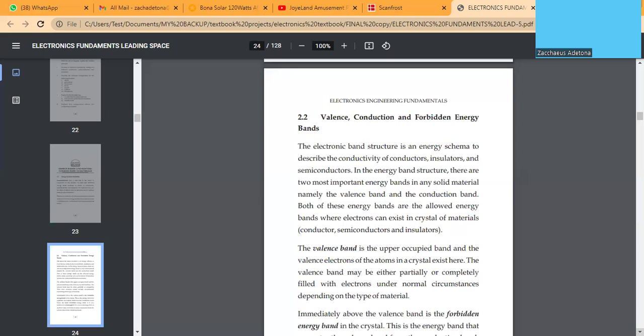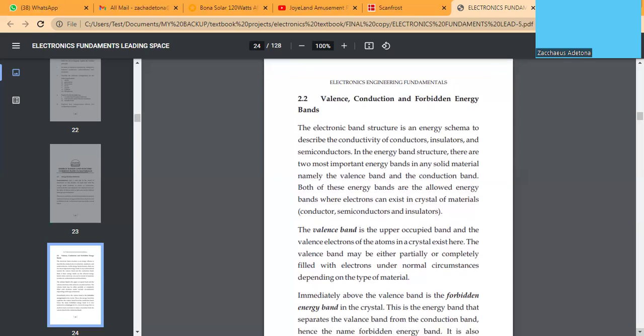The electronic band structure of energy is a schema used to describe the conductivity of various materials, that is, conductors, insulators, and semiconductors. In the energy band structure, we have two important energy bands, the valence band and the conduction band. These are the bands that determine the behavior of the materials, whether a material will be a conductor, semiconductor, or an insulator.